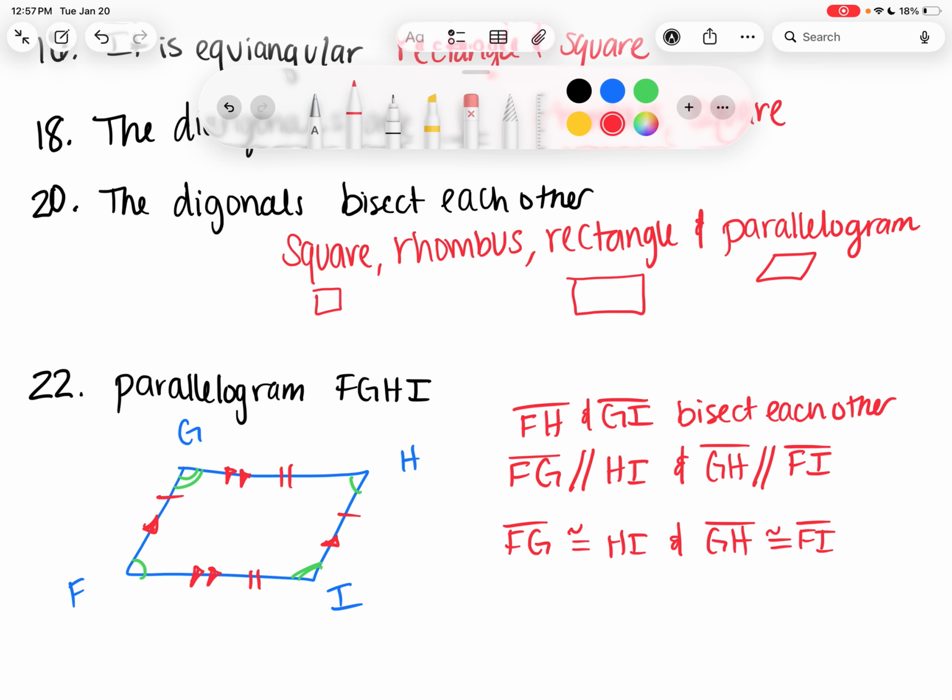I don't know why I'm forgetting to put the lines on the top of the second ones. All right, and then the only other thing I haven't written yet is that angle F is congruent to angle H, and angle G is congruent to angle I. And that should account for everything there.